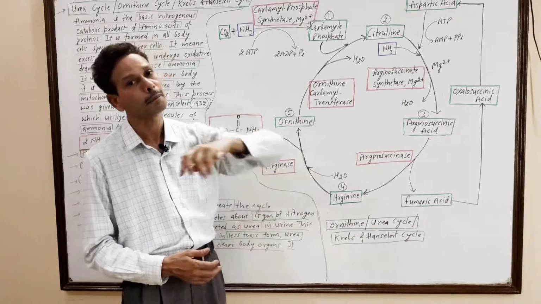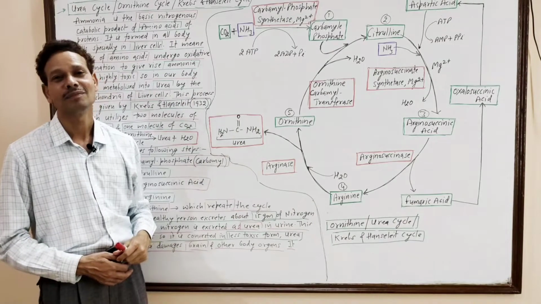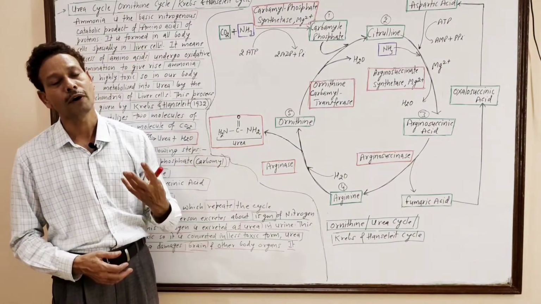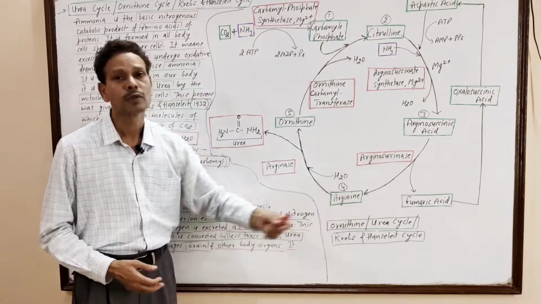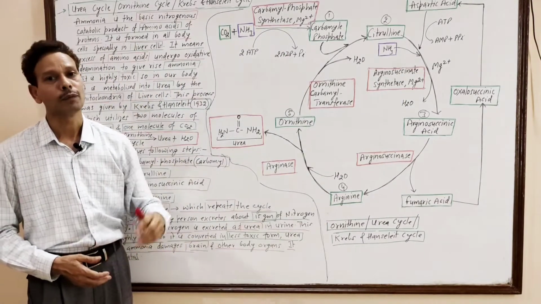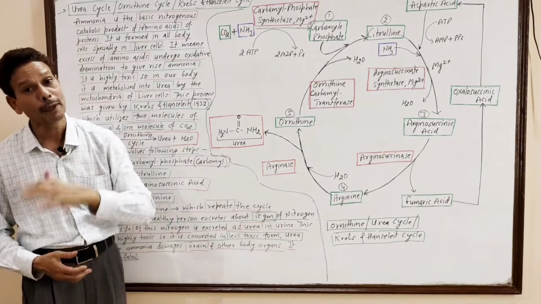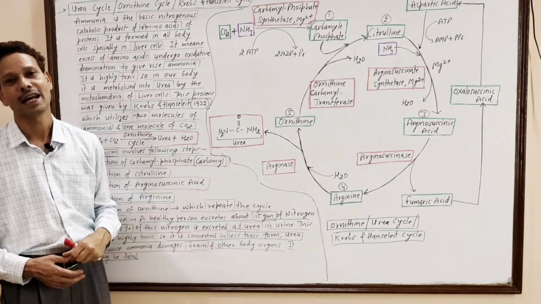This ornithine repeats the process, and this product urea we can store, this less toxic form. And this entire process, that is urea cycle, takes place in liver cells, hepatocytes, carried by mitochondria of liver cells.